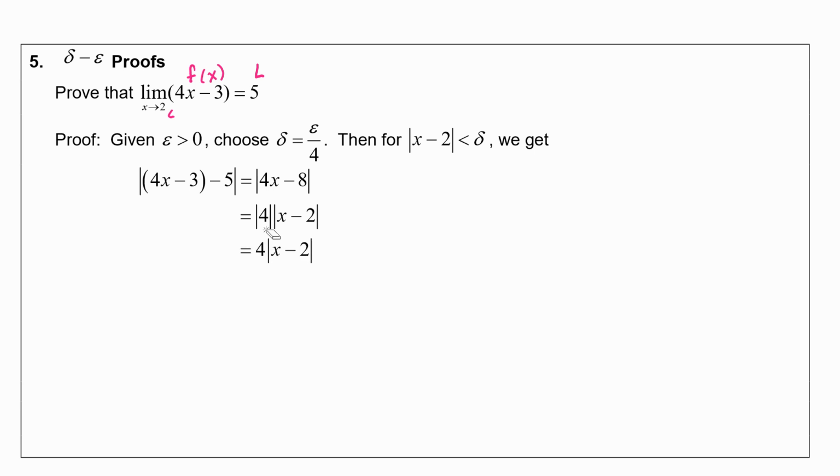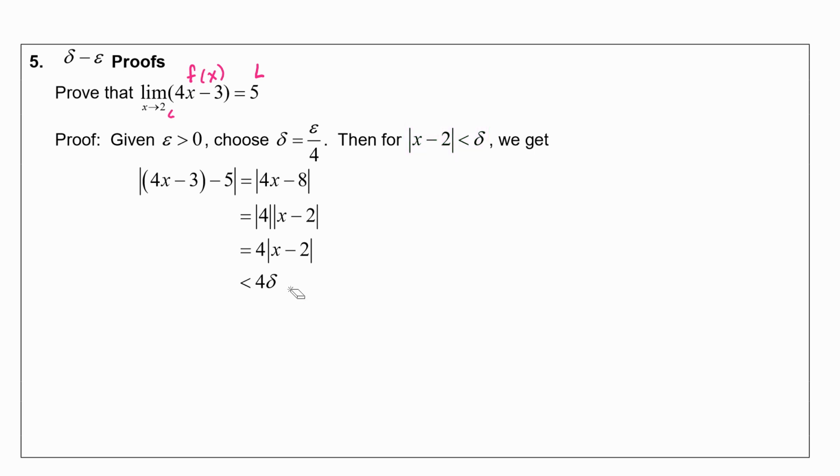We know that the absolute value of 4 is 4, and then we still have absolute value of quantity x minus 2. Now we know that absolute value of quantity x minus 2 is less than delta, so then this quantity is going to be less than 4 delta.